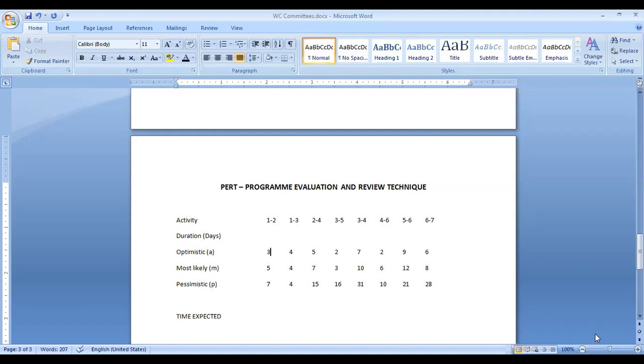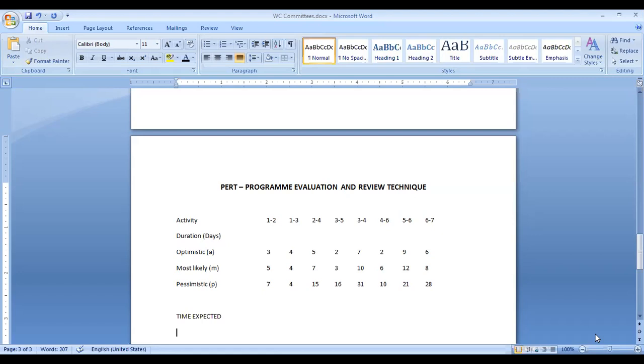But rather, now we are going to employ the weighted average method. As per this weighted average, the weight for optimistic is 1 and for pessimistic is 1, and for most likely it is 4. Which means, what is the weighted average formula?